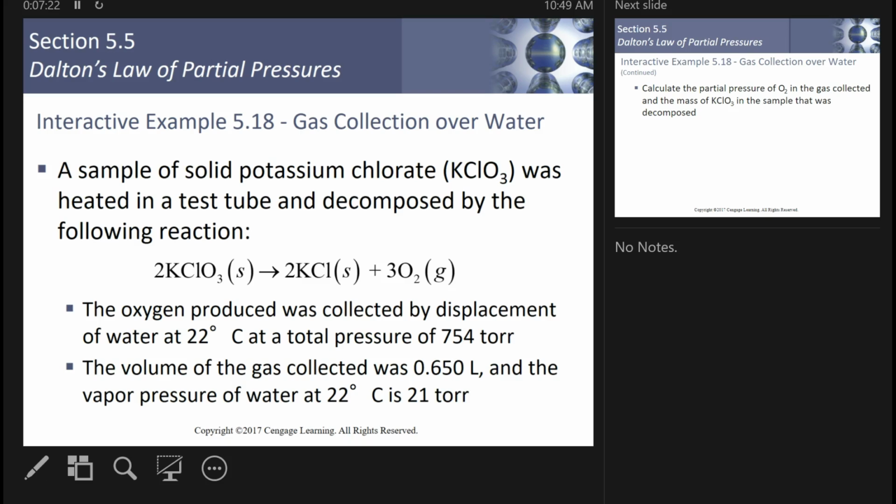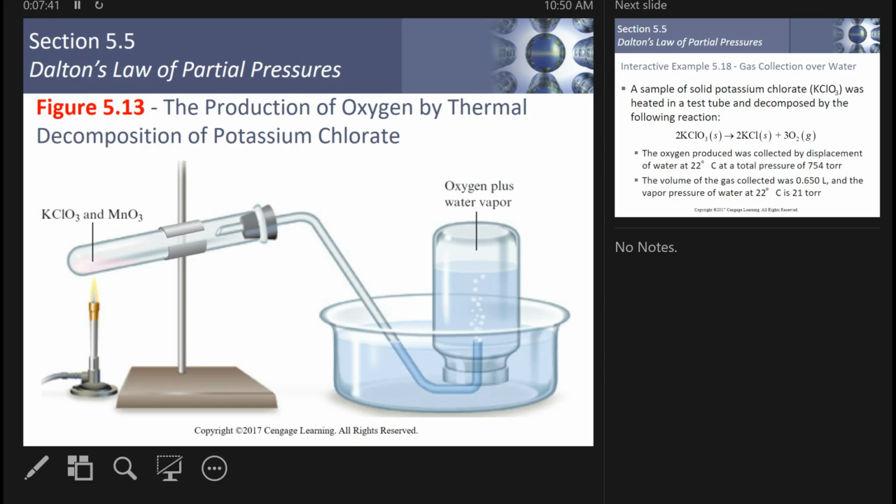So, oxygen is being collected over water, right? So the water vapor pressure is part of the total pressure measured. Where's the water vapor coming from though in the equation? Okay, so let's go back. Gas is collected over water.